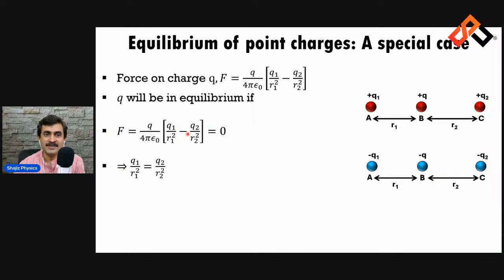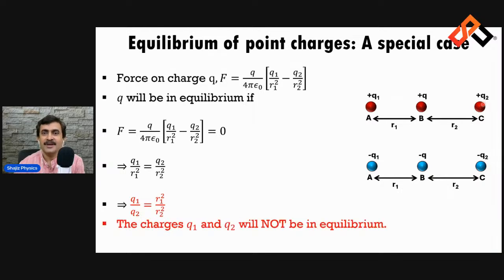If this quantity is 0, then that simply implies that the first quantity and second quantity are absolutely equal, which gives Q1 by Q2 is equal to R1 square by R2 square, as in the previous case itself. Now, think about the equilibrium conditions of Q1 and Q2. Here, Q1 and Q2 will never be in equilibrium. Why?